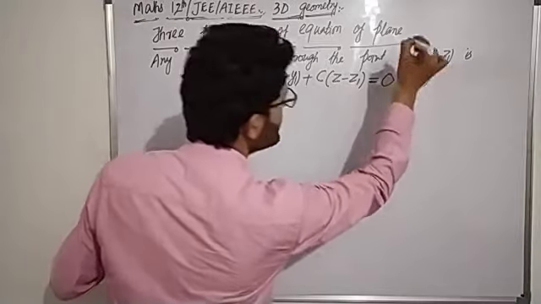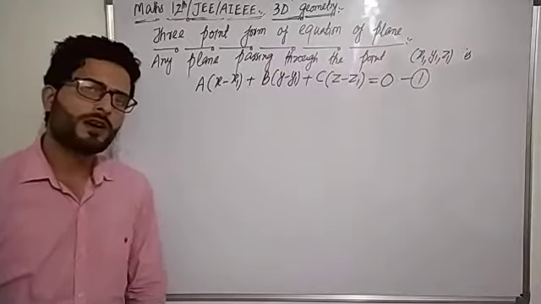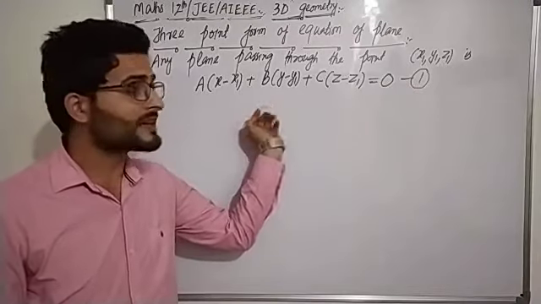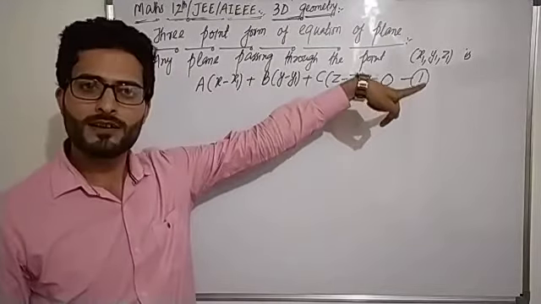We are keeping this equation as equation number first. So this would be the equation of that plane which is passing through the point x1, y1, z1.